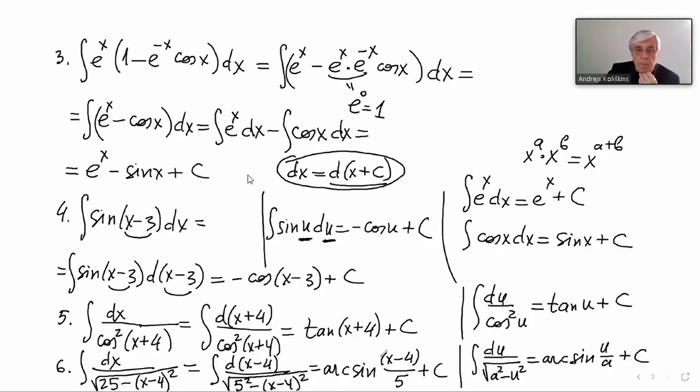We have a to the power u times du, right? But in my example, we have 3 to the power 2x, but I do not have 2x on the differential sign. So I have to have it. And the way to do it is to multiply and divide by 2. So let me continue with the whiteboard.